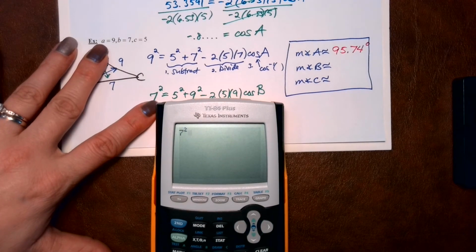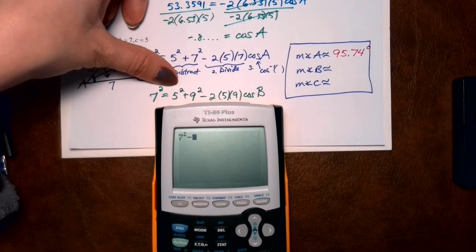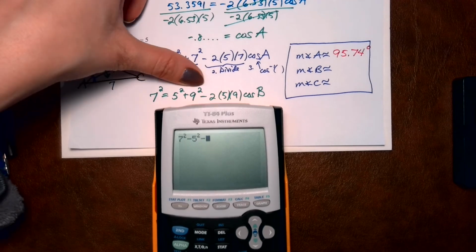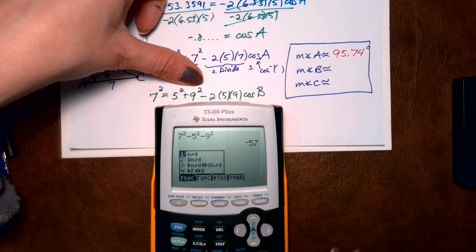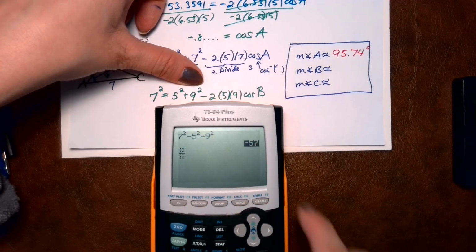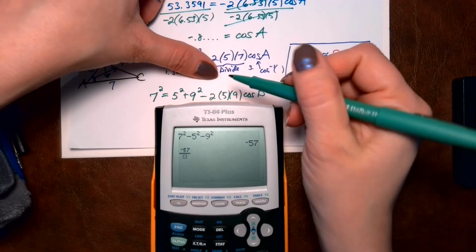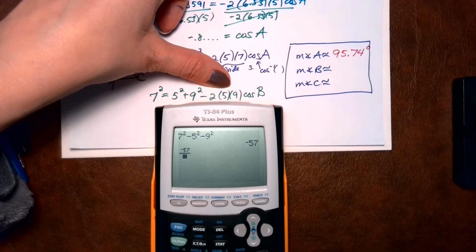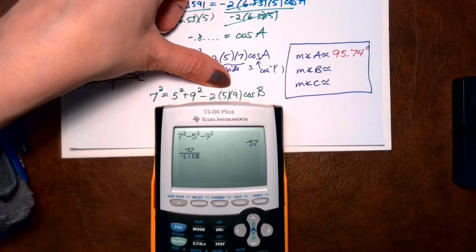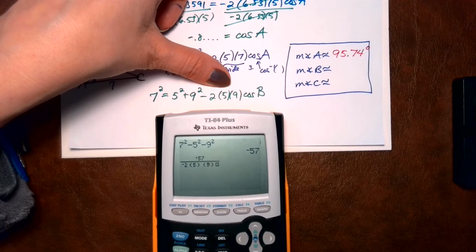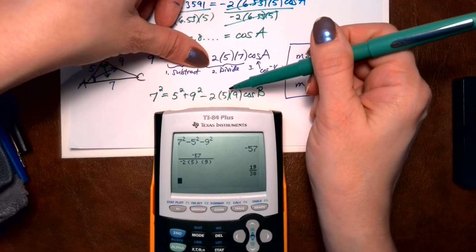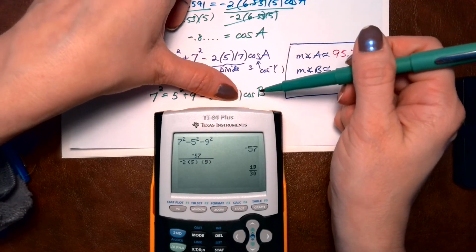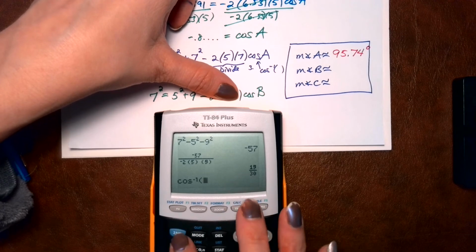7 squared. Let's subtract 5 squared, and let's subtract 9 squared. Then I'm going to do alpha y equals. Let's grab that left side. Then we have to divide by negative 2 times 5 times 9. We've divided all that away, and then we're going to cosine inverse.